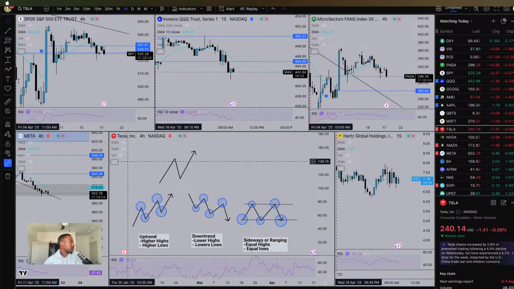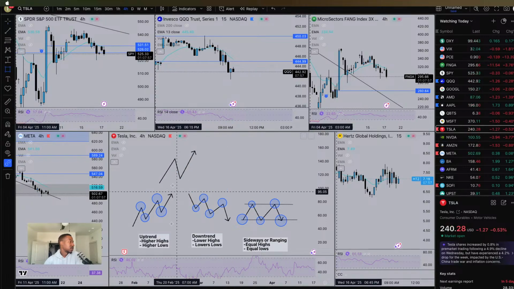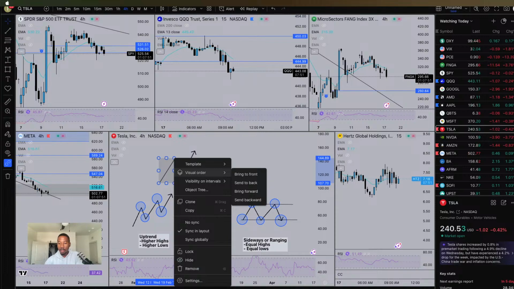There was a point when we started here and topped out here, that this was the high right here, this little range right here. So now we're getting into finding the ranges.